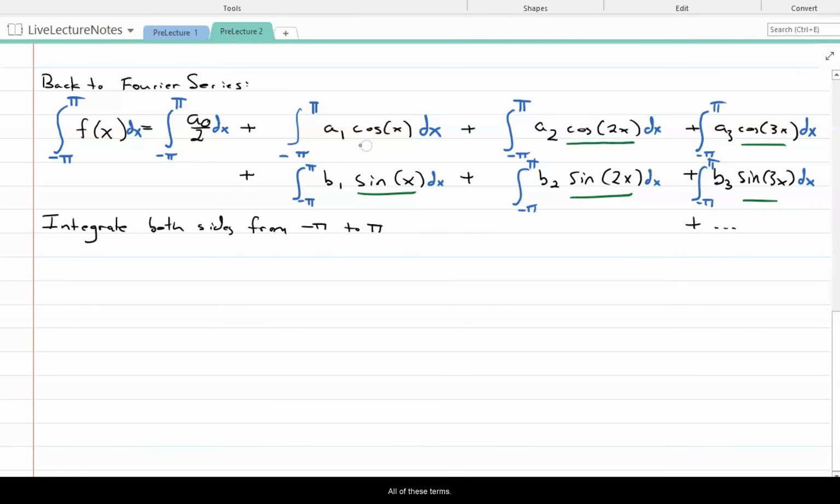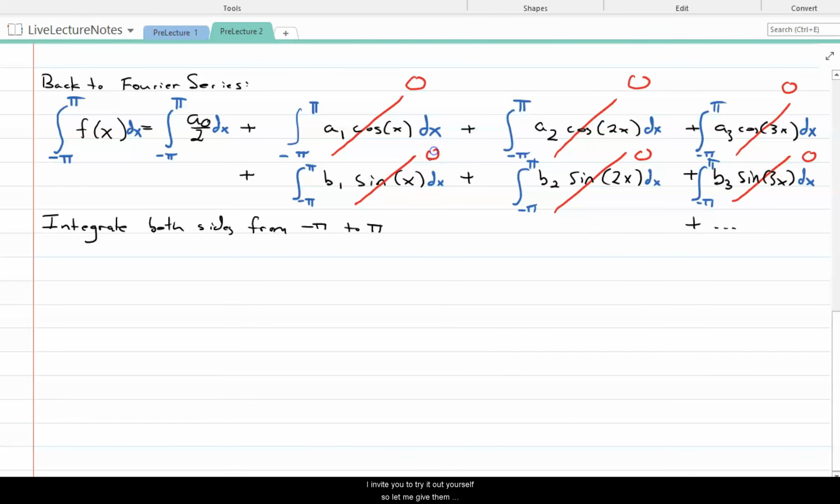All of these terms, this is 0, this is 0, because I'm integrating a single trig function which oscillates, half the time it's positive, half the time it's negative, over a full period, and the answer will be 0. If you don't believe me, I invite you to try it out yourself, so let me give that to you as an exercise.